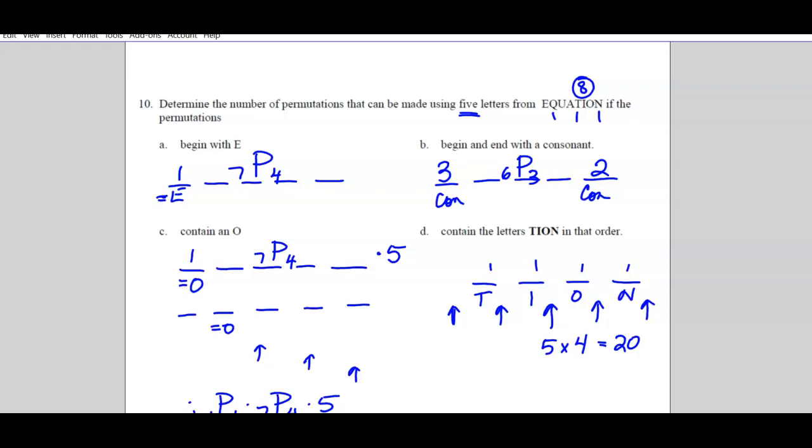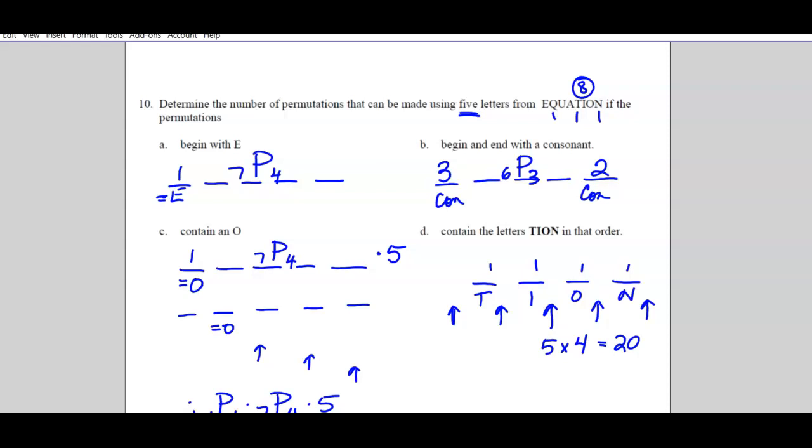So it could be an E in any of those positions, a Q in any of those, a U, or an A, and that's it. So 20 possible arrangements for that one. So what's the same as 4 times 5? 4P1 times 5P1 times 1P1. Just like 4 letters.